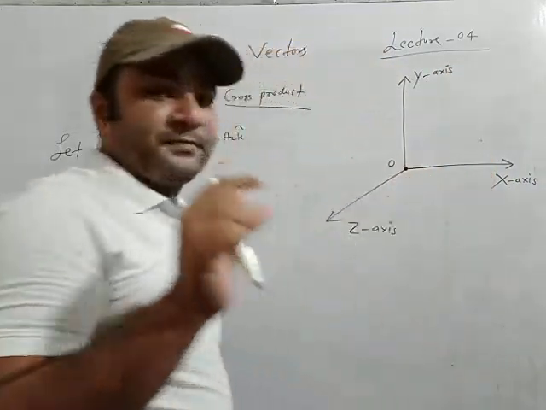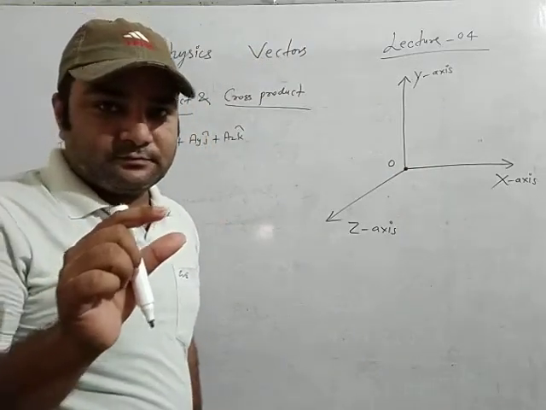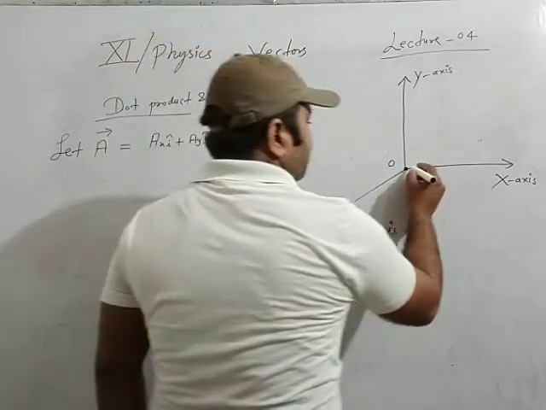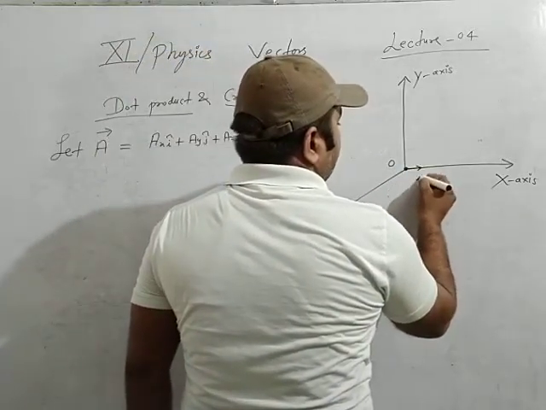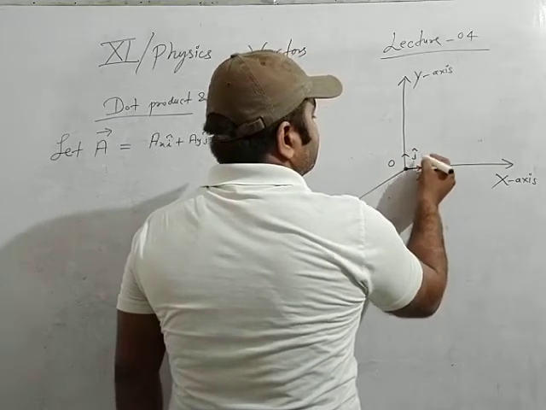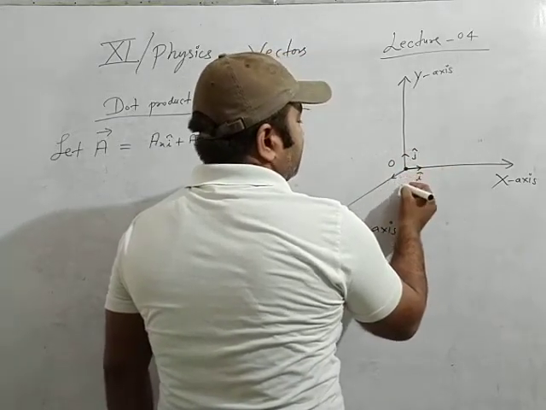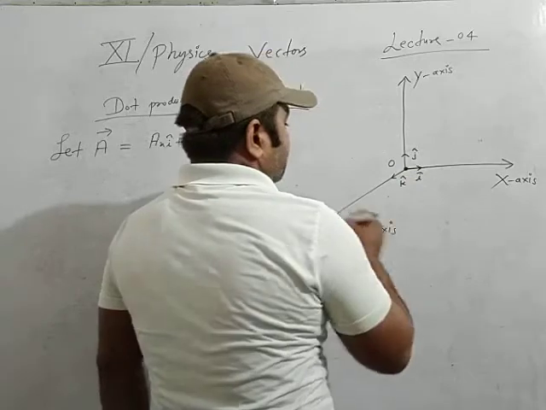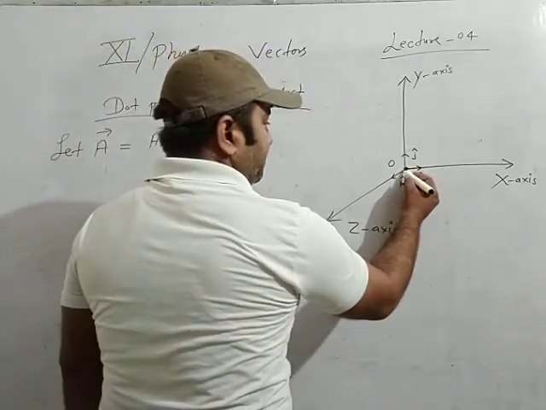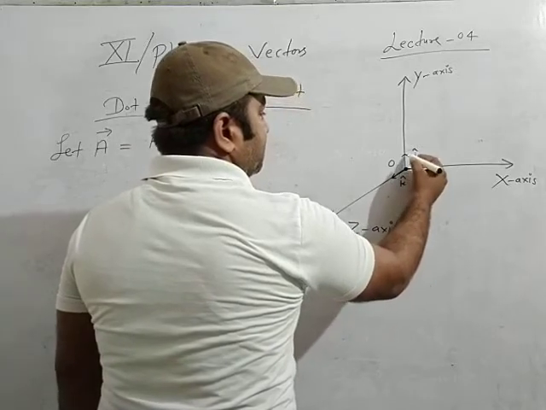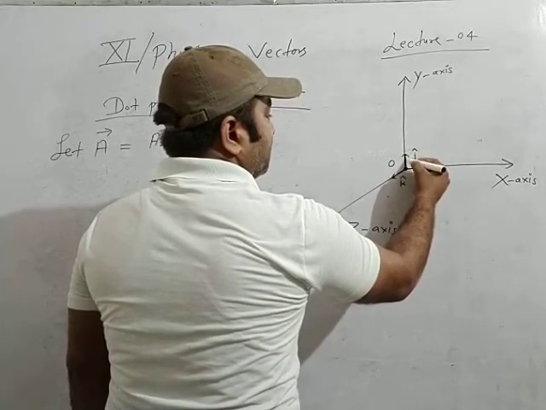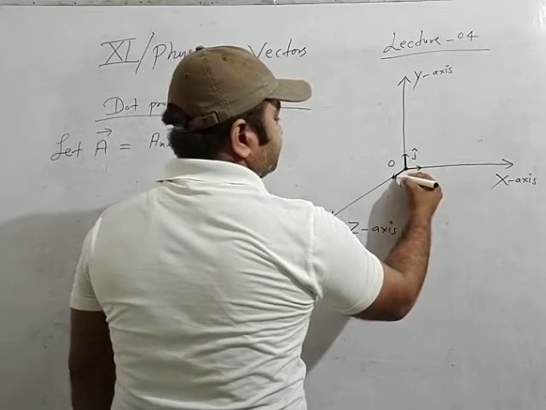When we take unit length, having magnitude one, along the x axis, it is represented by i. And unit length along y axis is represented by j. And unit length along z axis is k. So the values of i, j, k are clear according to the diagram.